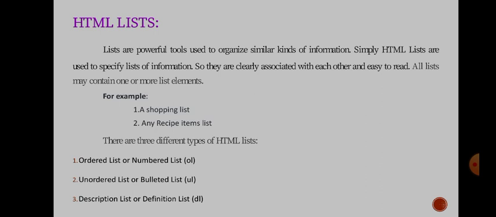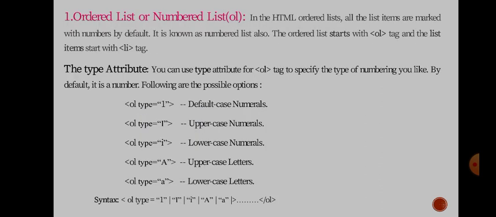And the three types of lists that can be used in HTML are: the ordered list or numbered list; second, the unordered list or bulleted list; and the third one, the description list or definition list. Coming to the first list, the ordered list or numbered list, OL.